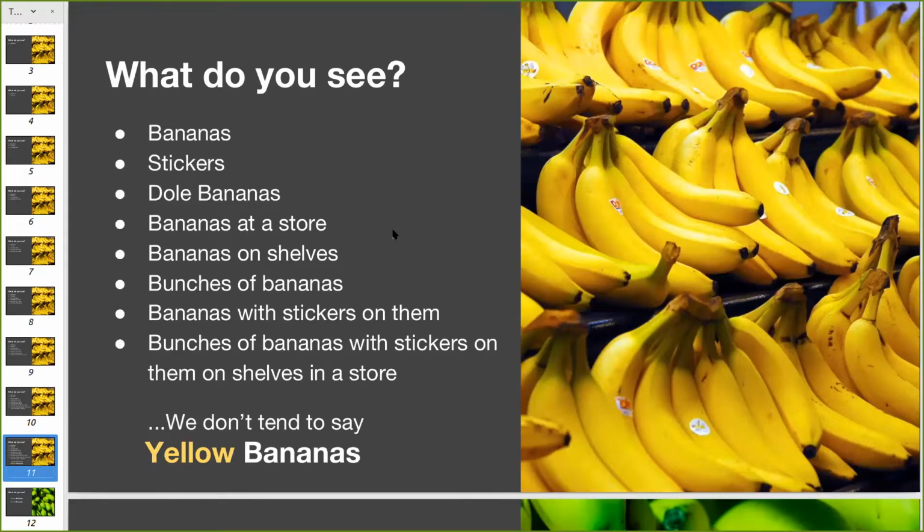But there wasn't really an answer like we see yellow bananas, and that's because somehow when we see something like this, we automatically associate bananas with the color yellow. That's something which is kind of typical when it comes to bananas.